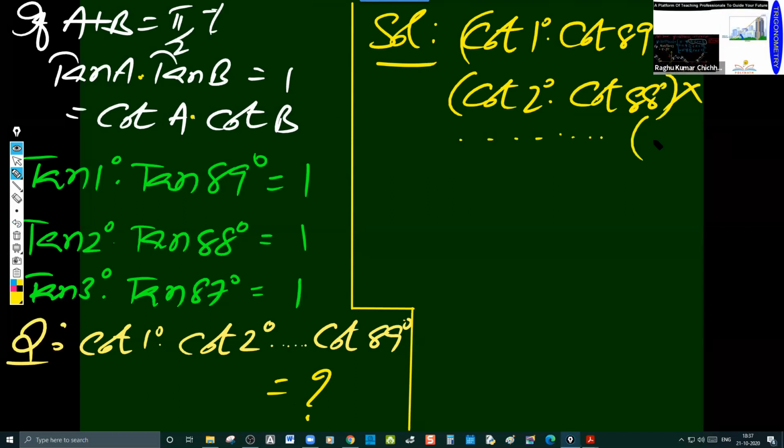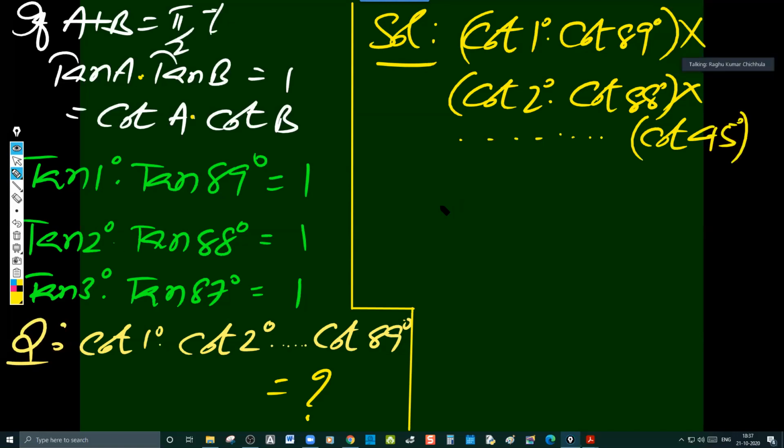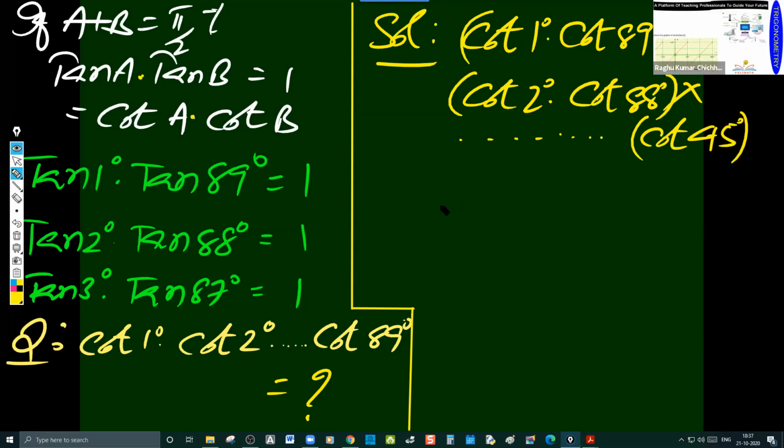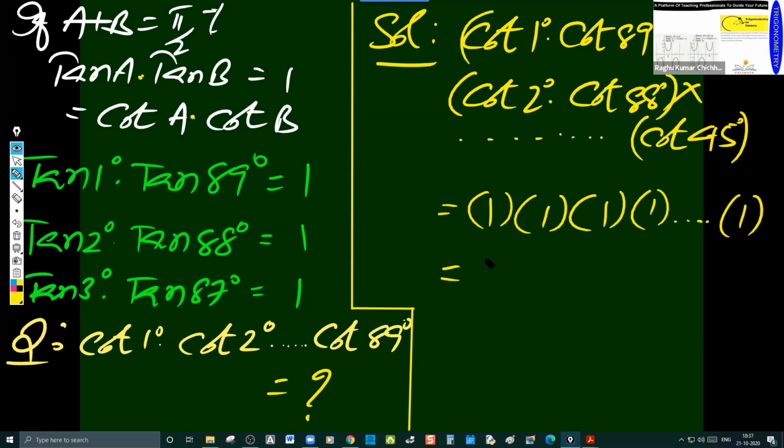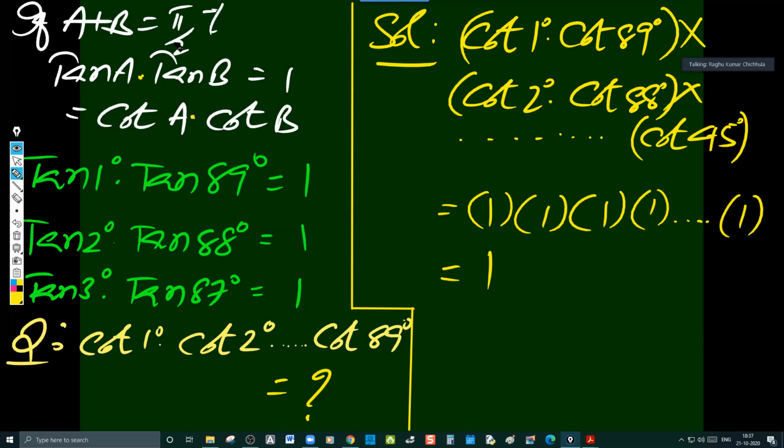One middle term will be there, cot 45. So whatever it is, all will become 1. Maurya was confused in the beginning. Observe, there it is summation, here it is the product. So the answer is 1.